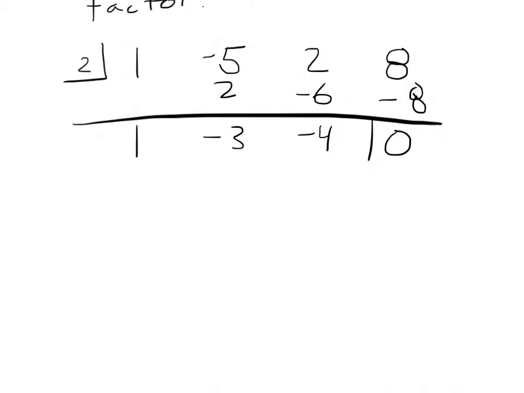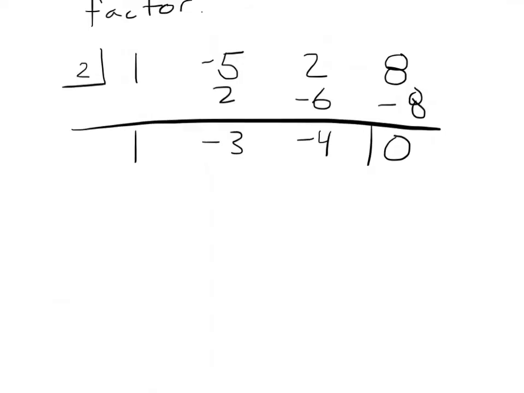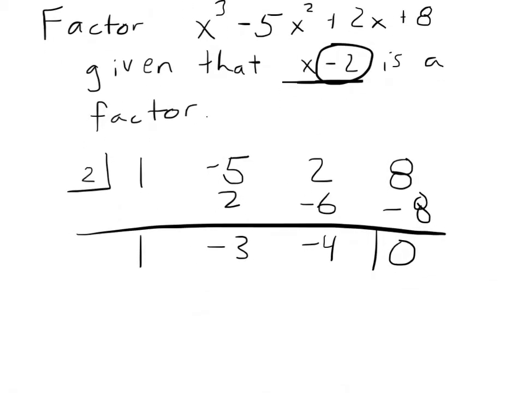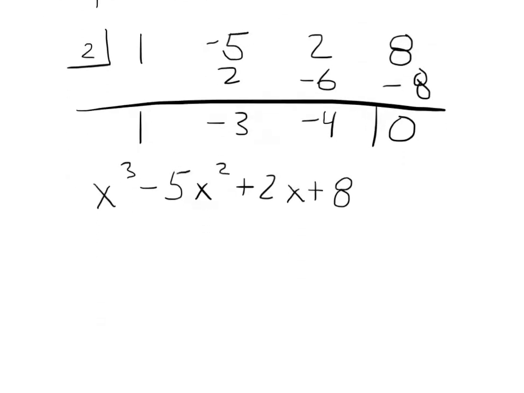We win. Now, the key, crucial question: what I'm about to say is the entire lesson. The next step is everything in this lesson. What does that mean? The title for this lesson was Factoring by Division by a Known Factor. What it means is my original problem, x cubed minus 5x squared plus 2x plus 8, I know how to factor it.